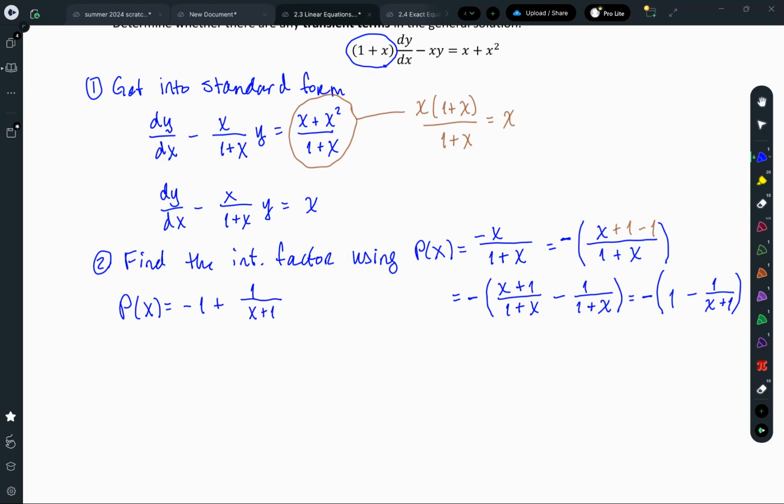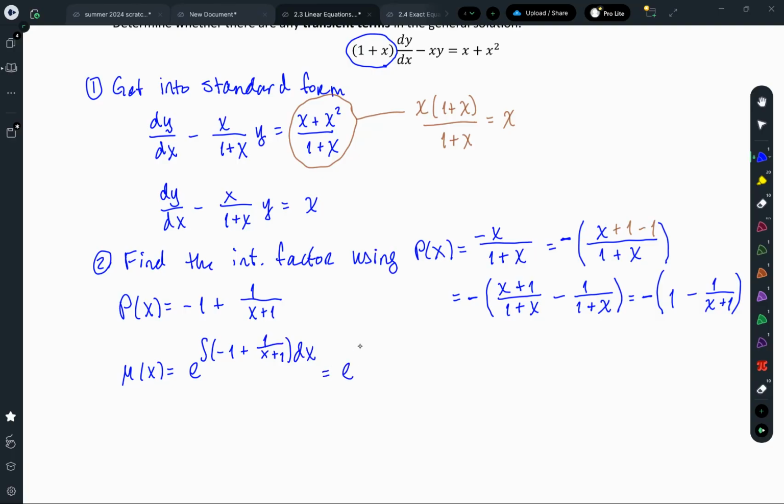So that's what we have to plug into our integrating factor calculation in order to come up with the integrating factor. Okay, so mu of x is equal to e raised to the integral of p of x, which is negative 1 plus 1 over x plus 1 dx. And now I can integrate.